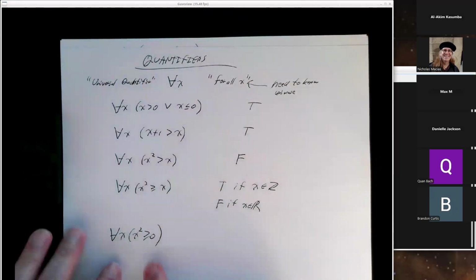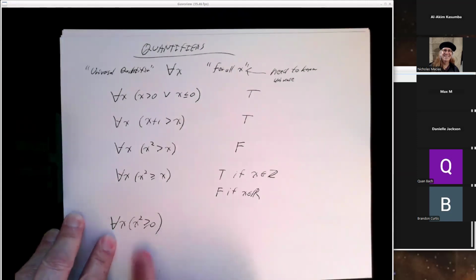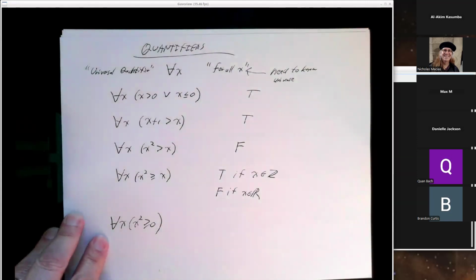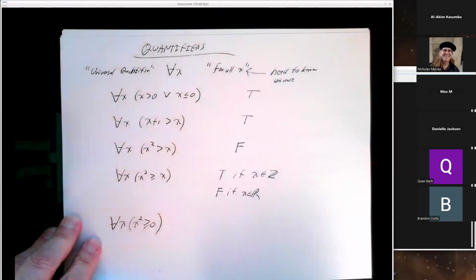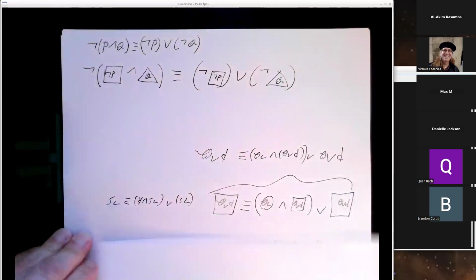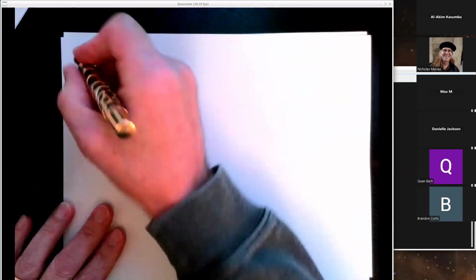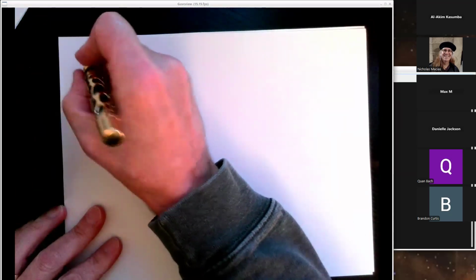Right, this is true for integers, this is true for reals. It's not true for complex numbers because i squared is -1. So we need to keep in mind the universe. All right, so that's the universal quantifier. The other one is the existential quantifier.